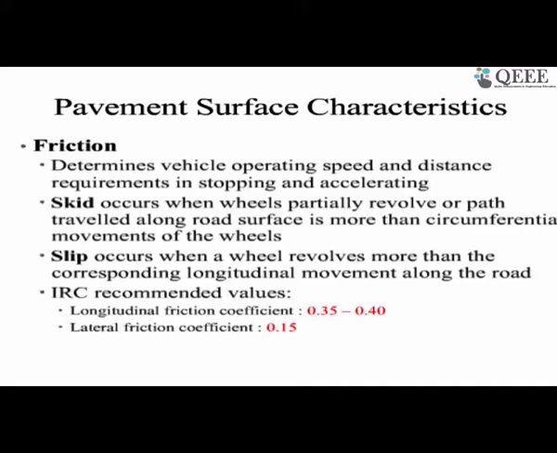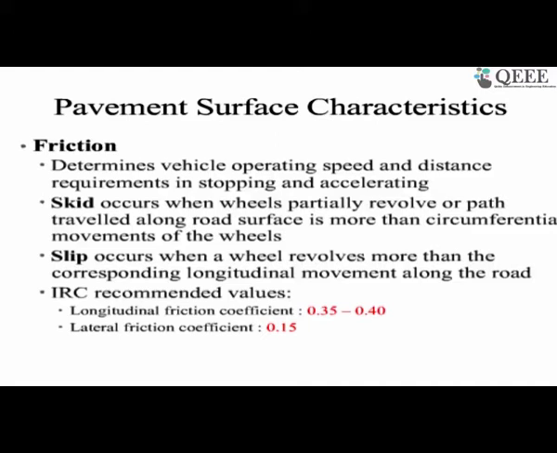Slip is when the wheels rotate more than the distance traveled by the vehicle. There are two different conditions, and when do they occur? Skid generally occurs when the vehicle wants to decelerate and the brake is applied, so you may see a skid. And slip occurs when the vehicle is trying to accelerate, and if there is not enough friction, the wheel may rotate freely, and at that time the slip may occur.